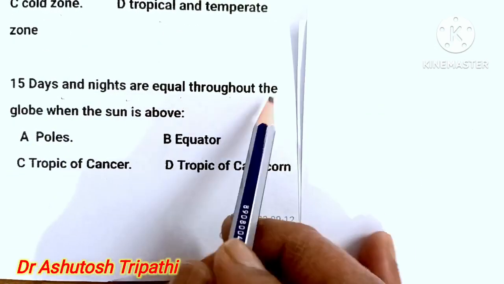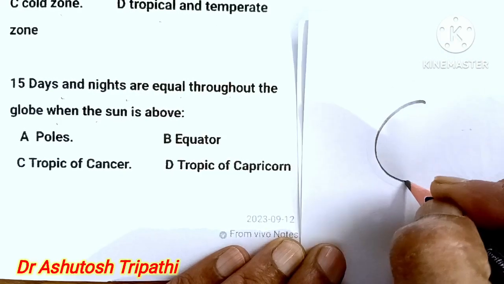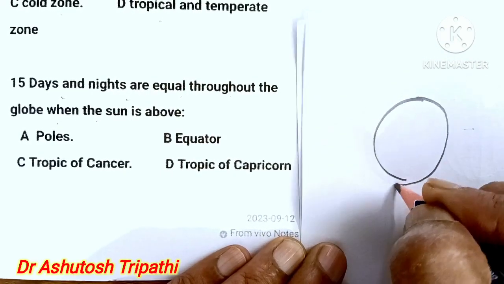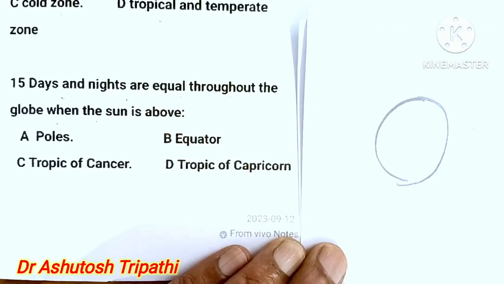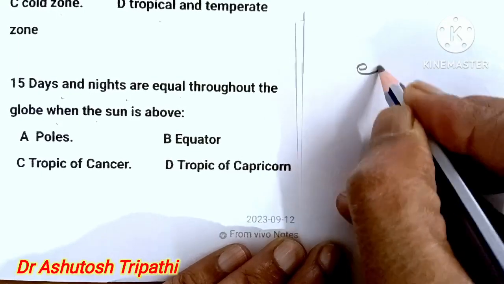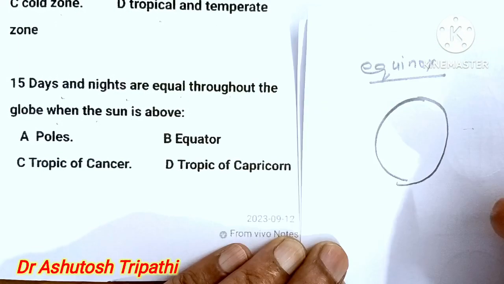Days and nights are equal throughout the globe when the sun is above what? What word do we use when day and night are equal? That is known as equinox. Have you remembered or have you forgotten that word? Equinox means equal day and night.